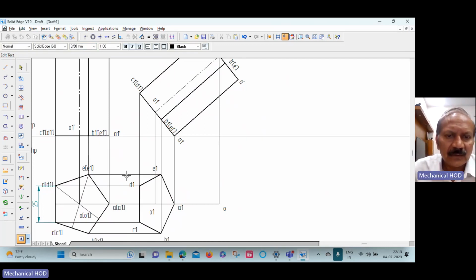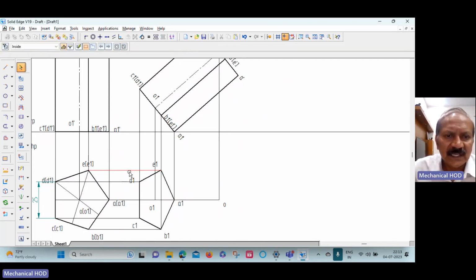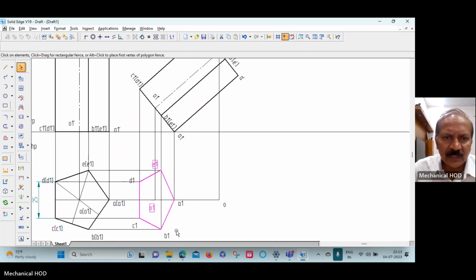Why do we have to find out the axis? Because now what I do is select this, select this, select it, select this line also.